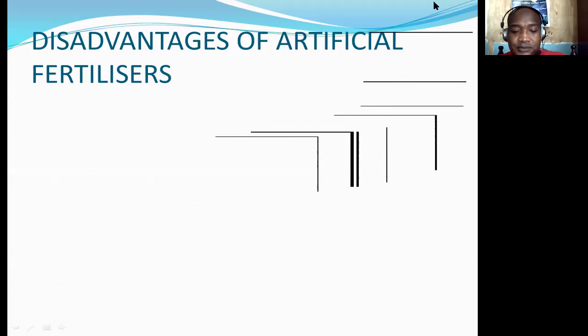Two, they pollute the environment, especially when used in excess. When it rains, the surface runoff goes to the river, so it pollutes water. Lastly, they are expensive to acquire.